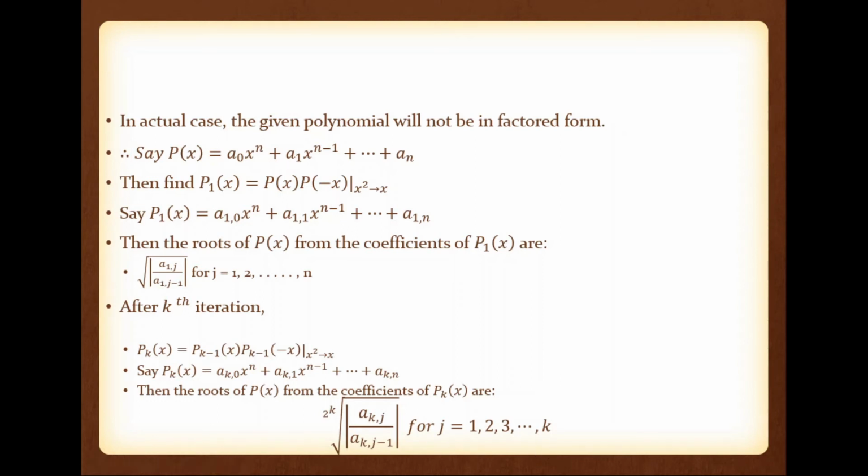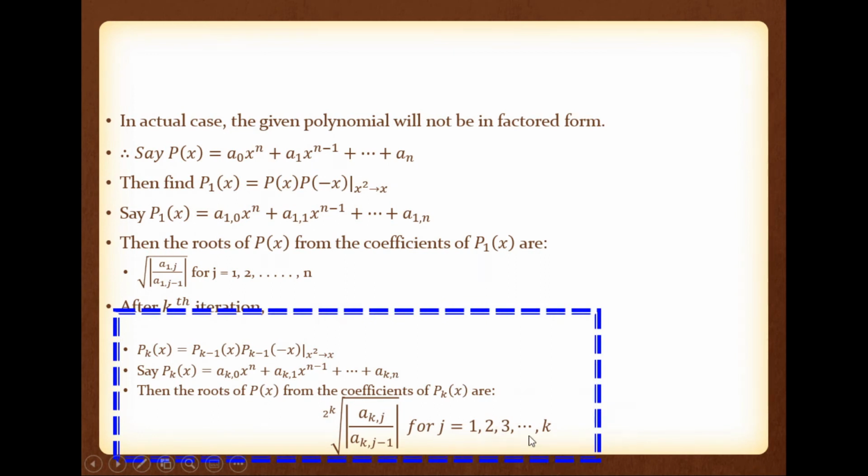Okay, so we can use this equation to find the root. So note down this equation. This one is for the kth iteration. So through an example, I think we can explain more how to do this Graeffe's root squaring method.